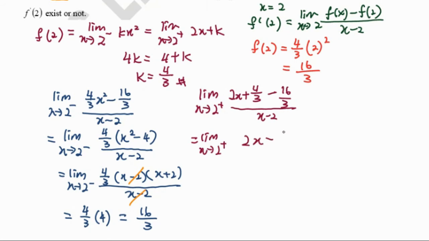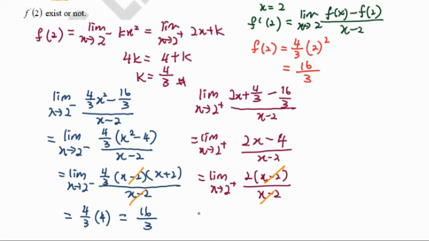Simplify our function. So the factor of x minus 2 manages to cancel. The limit of a constant gives the constant as the answer.